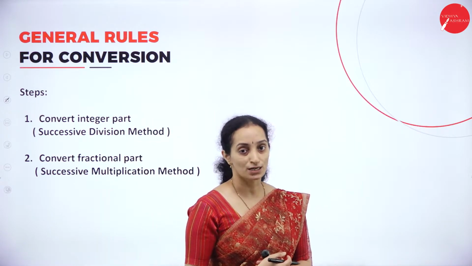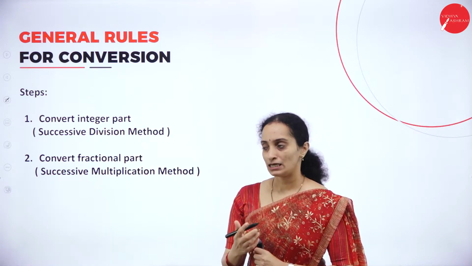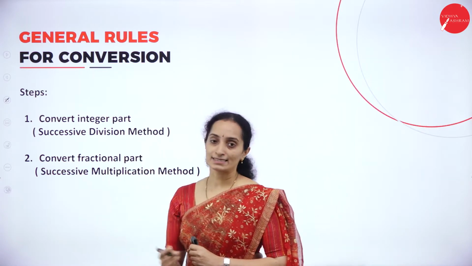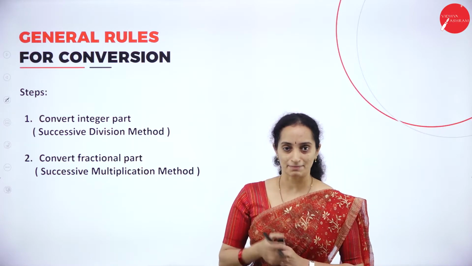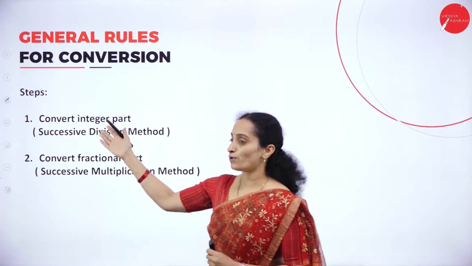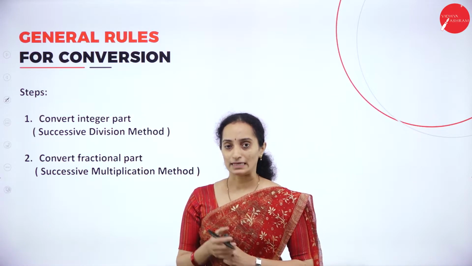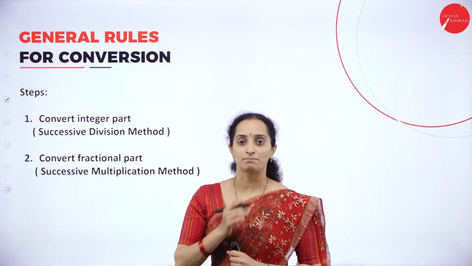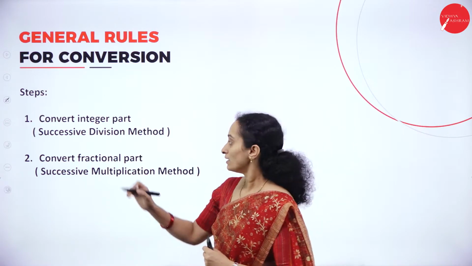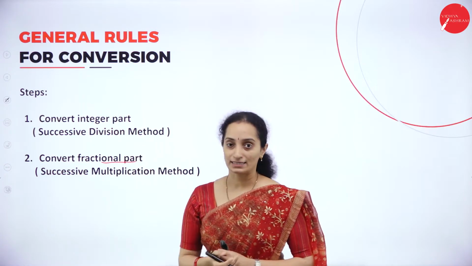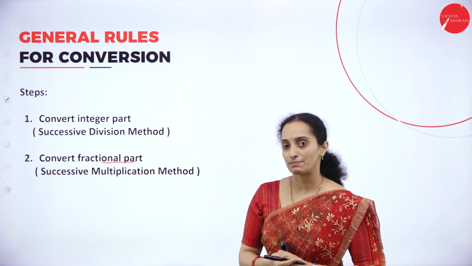The numbers we represent usually have an integer part. What should be done if the number has only an integer part? How do we convert it? Next is the fractional or decimal part.